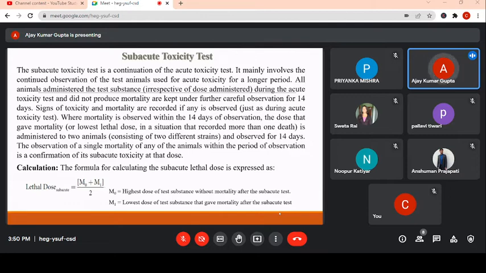Lethal dose, subacute, equals (M0 + M1) divided by 2, where M0 is the highest dose of the test substance without mortality after the subacute test, while M1 is the lowest dose of the test substance that gave mortality. It is almost similar to the previous calculation method, and similarly the process will go on for the other test, that is the subchronic toxicity test.